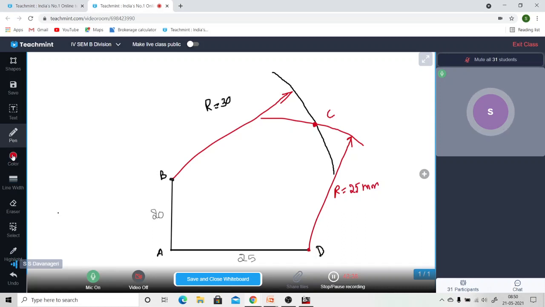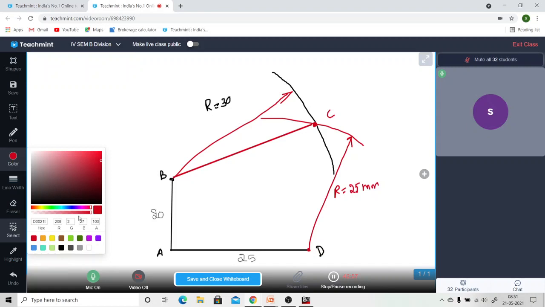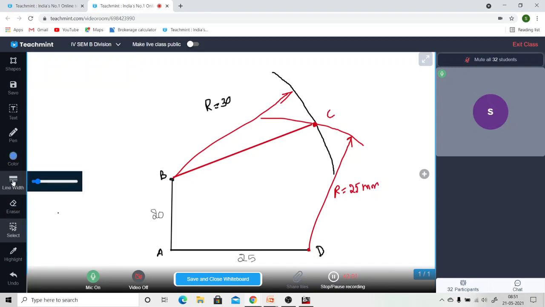Now you just join with the line here. Clear?